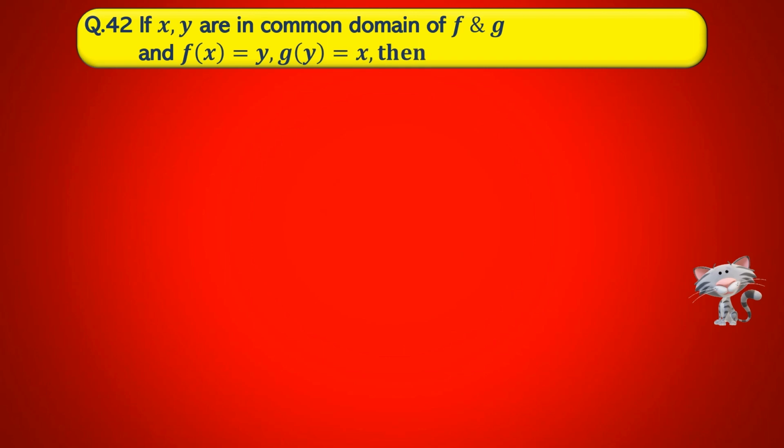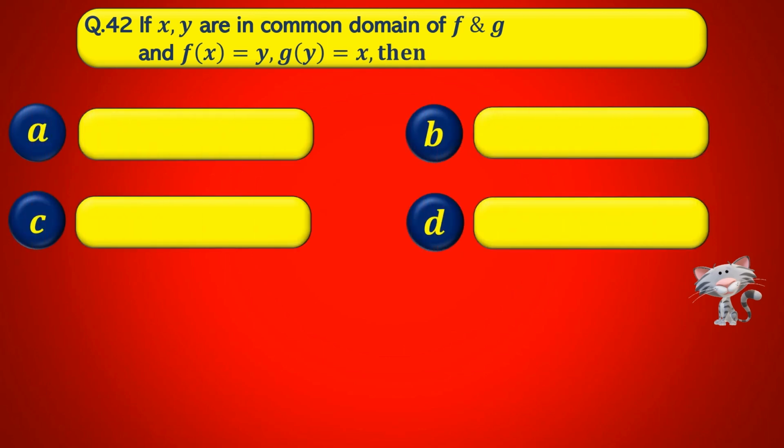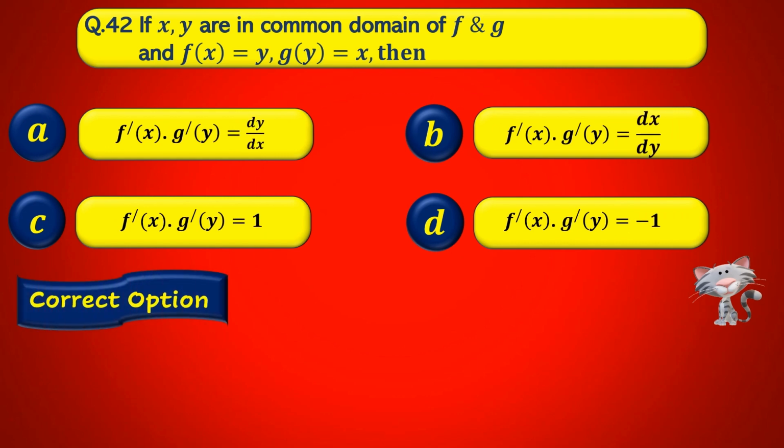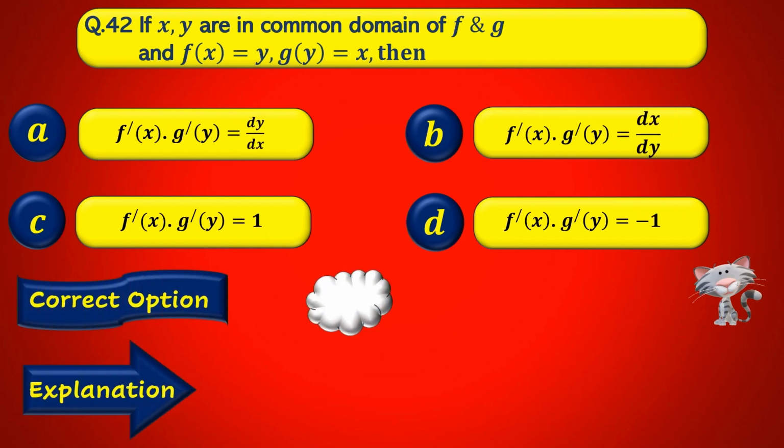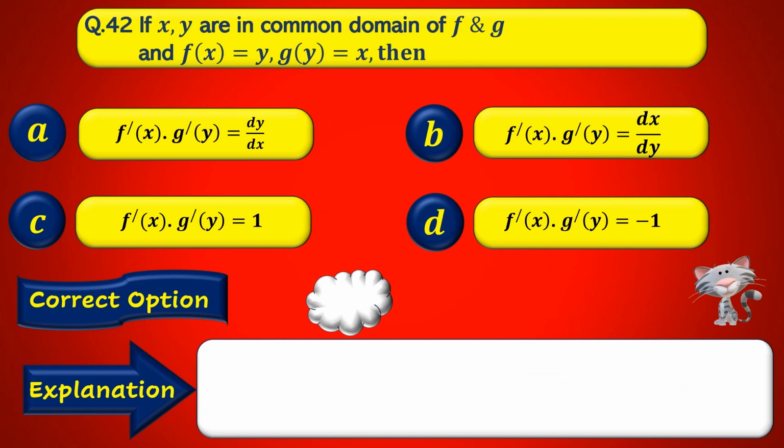Question number 42. If x, y are in the common domain of functions f and g, and f of x is equal to y and g of y is equal to x, then the options are, let's check out which one is the correct option. We are given y is equal to f of x and g of y is equal to x. We replace the value of y in the function g.